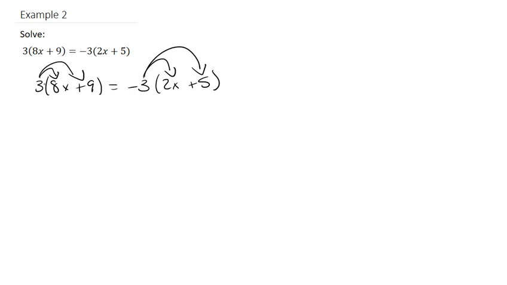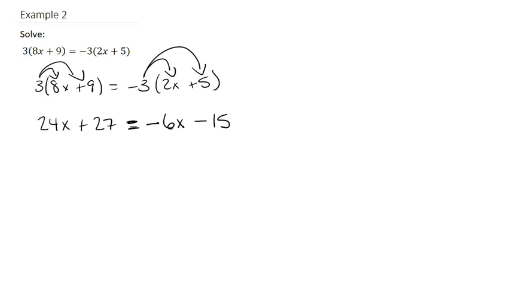Let's do the left-hand side first. 3 times 8 is 24x. Now 3 times 9 is 27. Now remember, this negative 3 times 2x is negative 6x. Now negative 3 times positive 5 is minus 15.